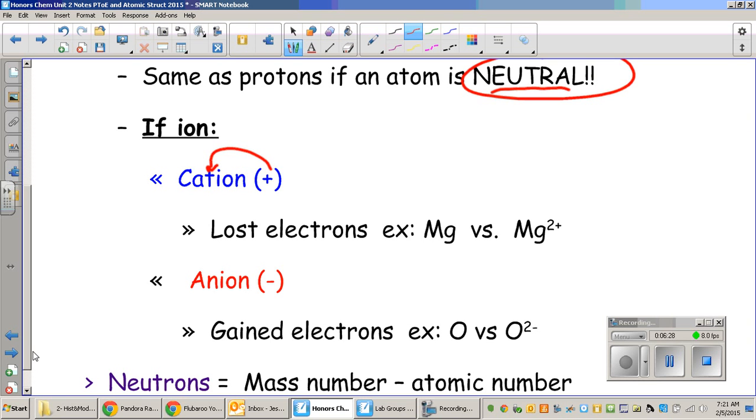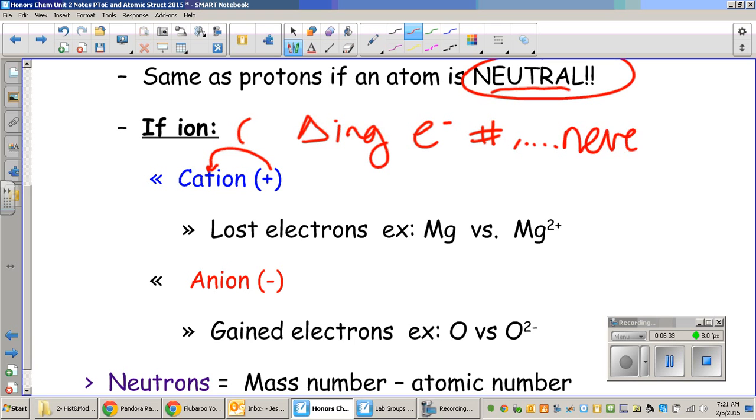So, the rule that we all have to remember is ions come from changing the electron number. Never can you change the proton number. Protons. Okay?